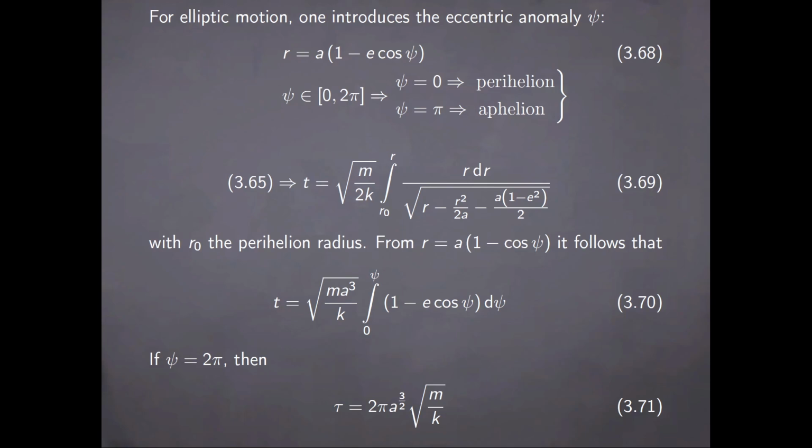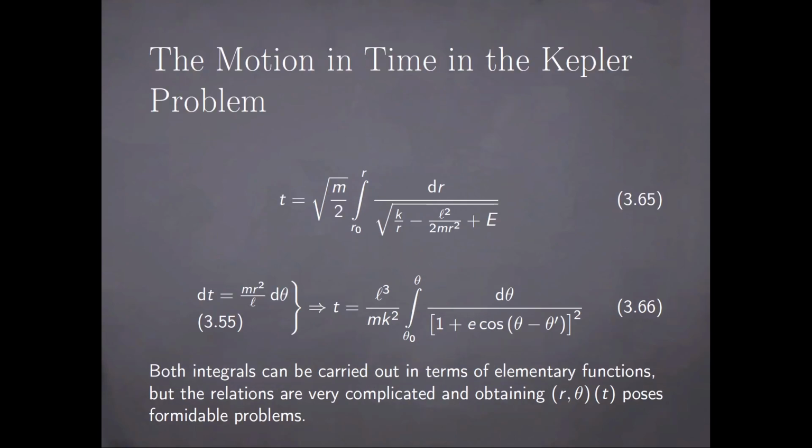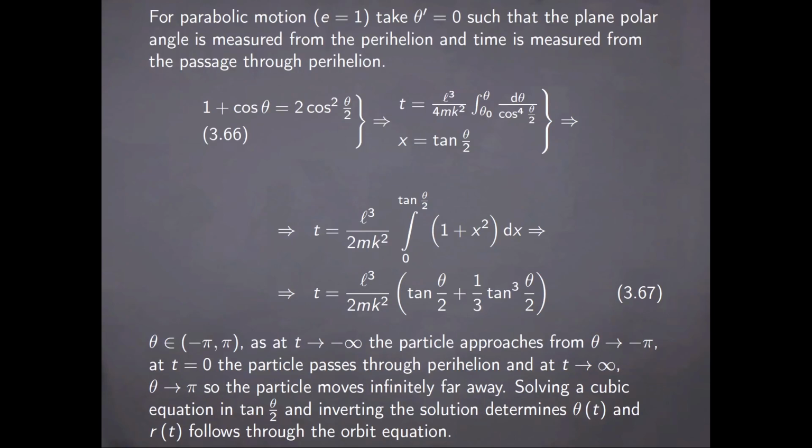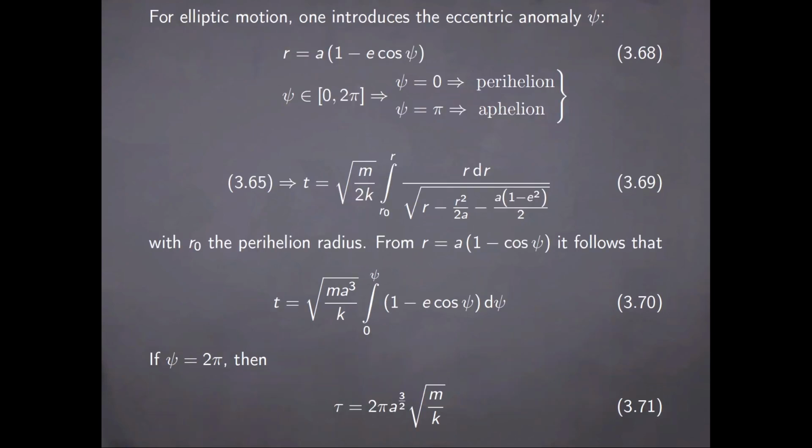Then if we go back to equation 365 here, and we specified for the case of elliptical motion for the radius and the energy formula, we can write the integral in this way, with r0 being the perihelion radius.